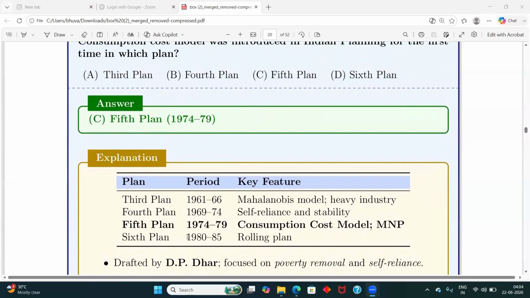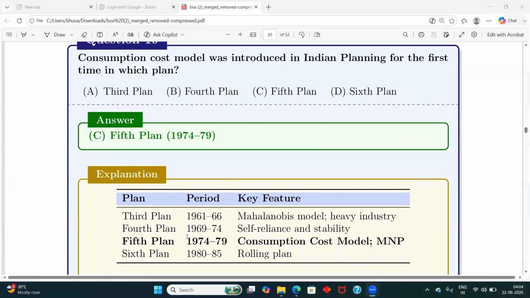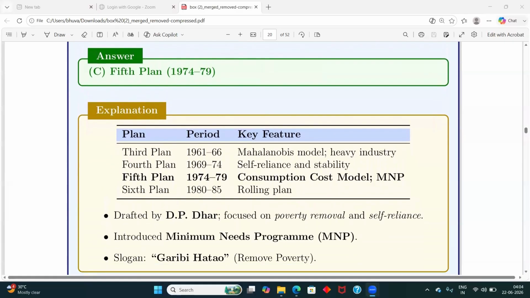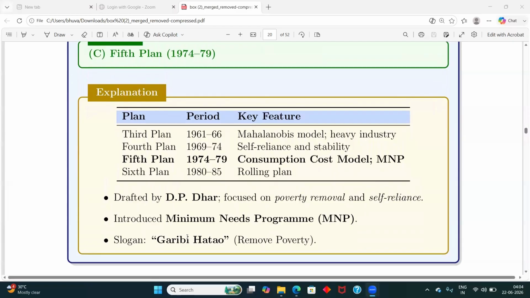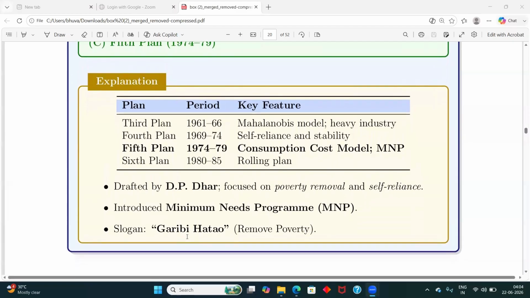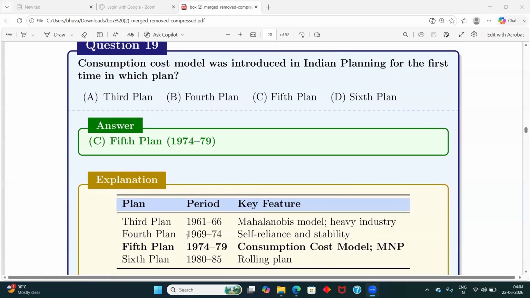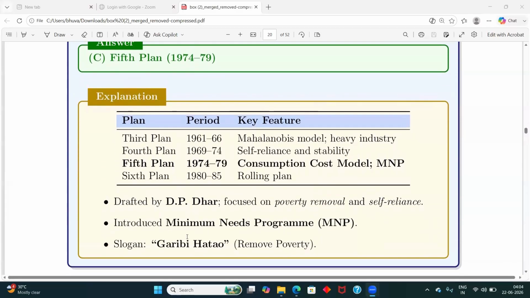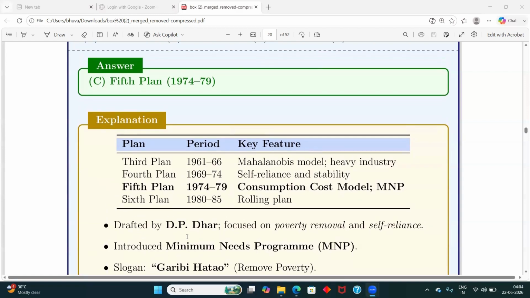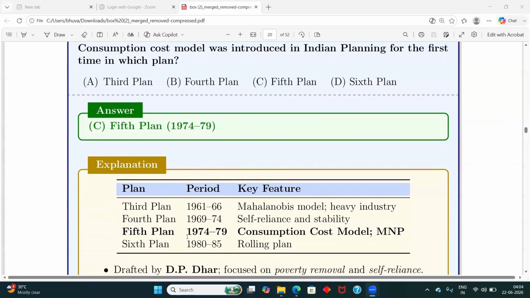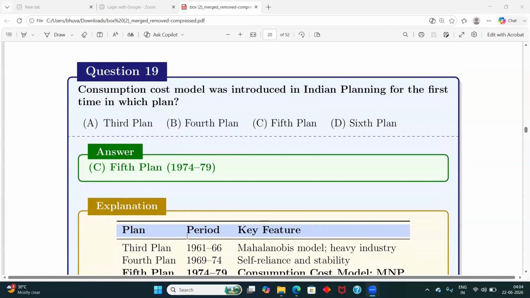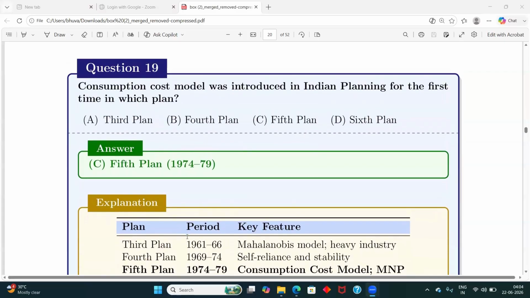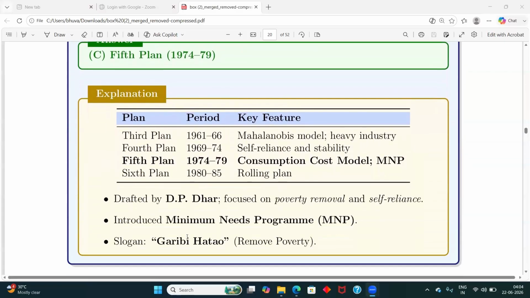The fifth plan introduced the minimum needs program and the slogan Garibi Hatao, remove poverty. This is important. Sometimes a question directly asks in which five-year plan the slogan Garibi Hatao appeared. So the correct option is the fifth plan. For this question, the consumption cost model was introduced in Indian planning for the first time in the fifth five-year plan.